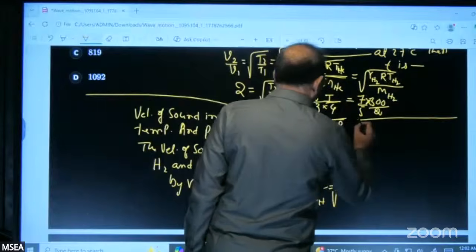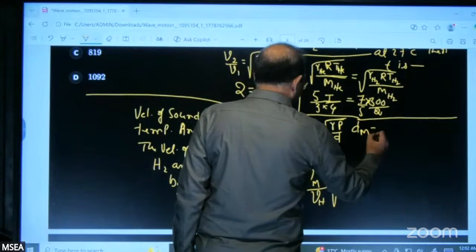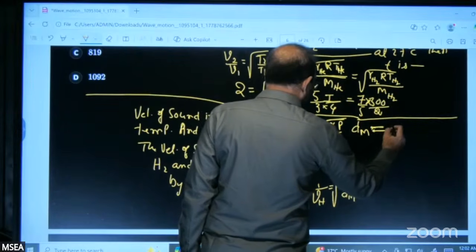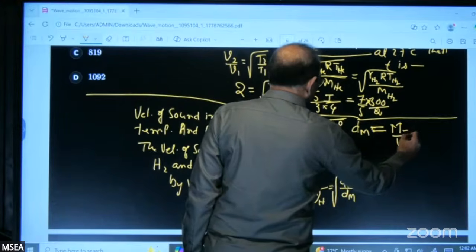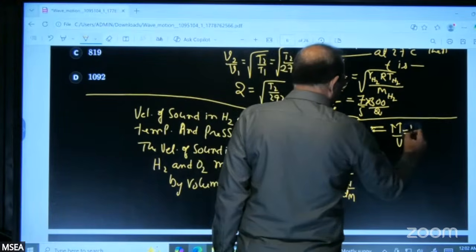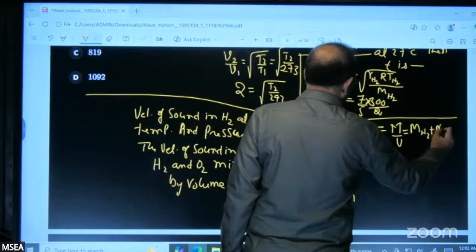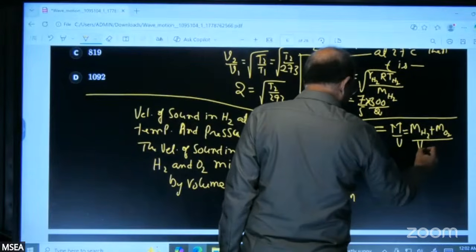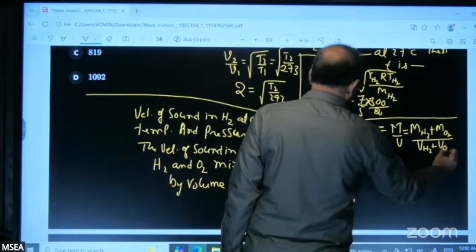So I'm writing the mixture density. What is density? Mass by volume. In this, there is hydrogen and oxygen. Density of mixture is mass of hydrogen plus mass of oxygen by volume of hydrogen plus volume of oxygen.